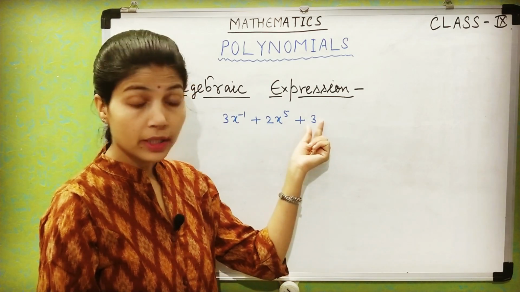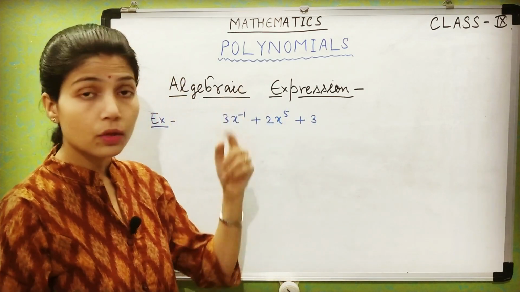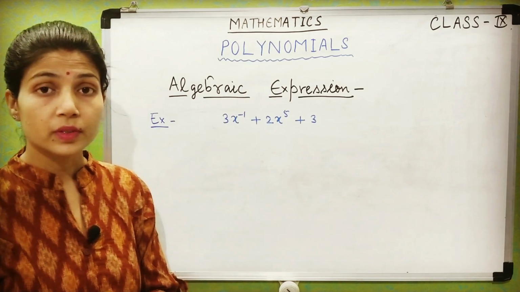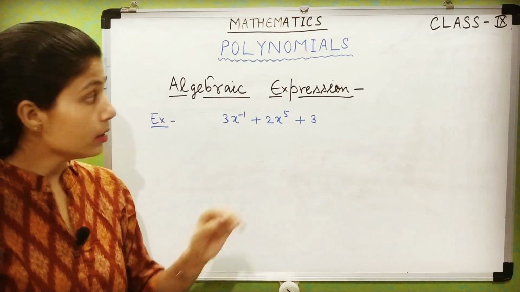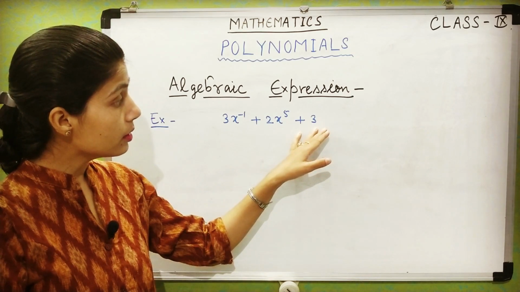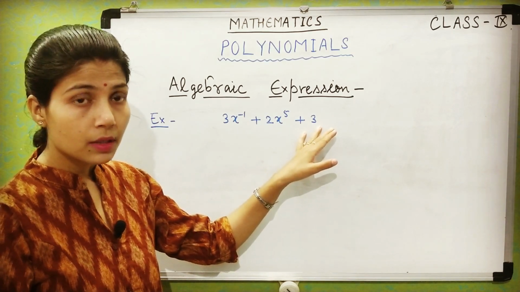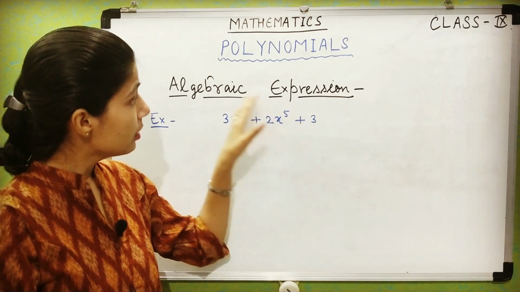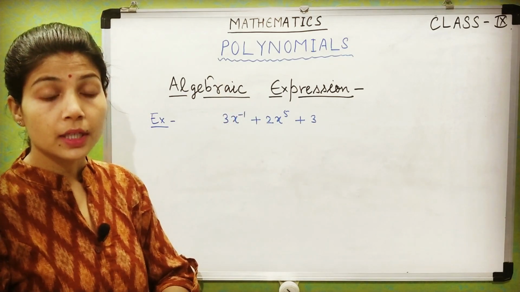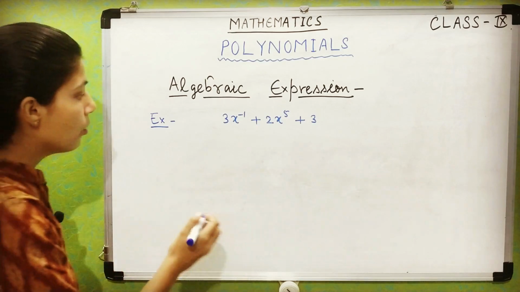So is it fulfilling the definition of an algebraic expression? 3 is a constant here, not the variable I can see here, and also not the power of a variable. So can it be an algebraic expression? Yes, of course. How?